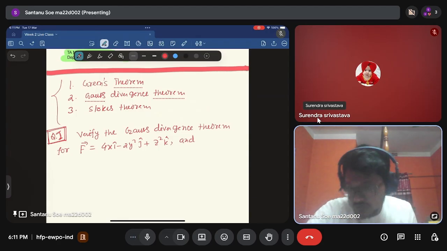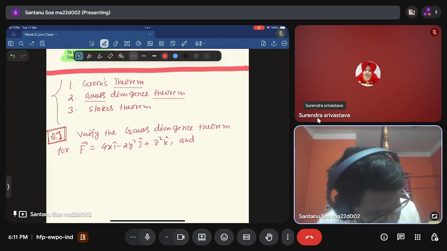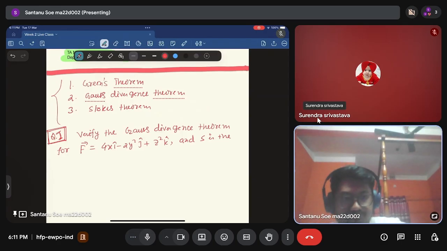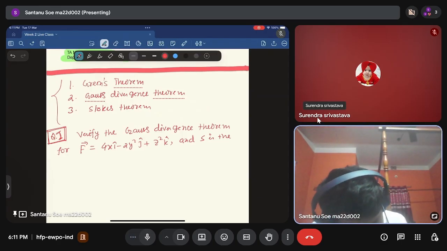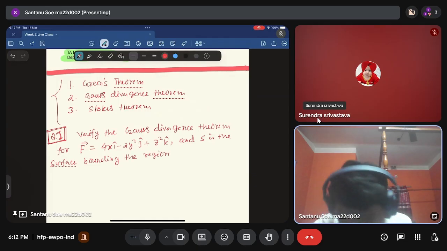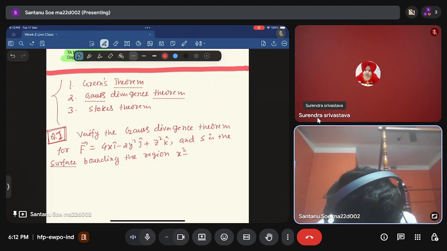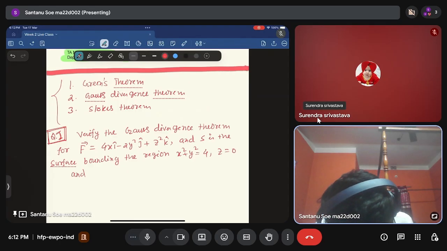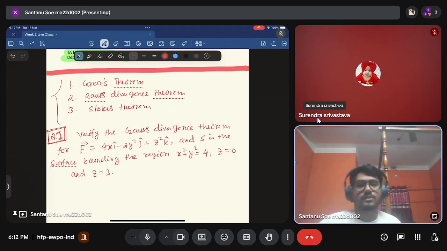and S is the surface bounding the region x square plus y square equals 4, z equals 0, and z equals 3.